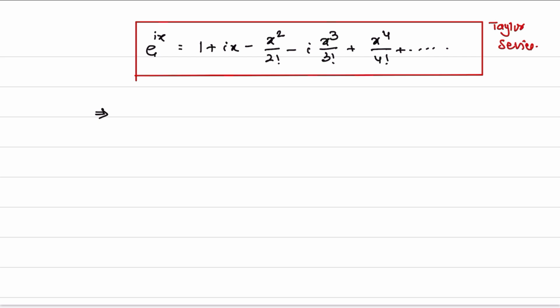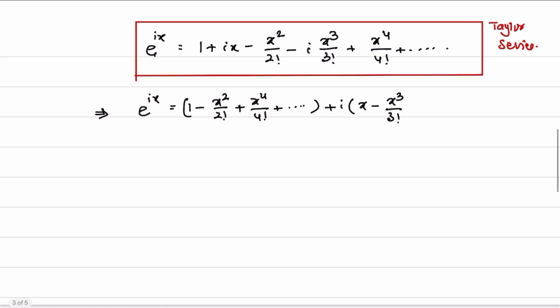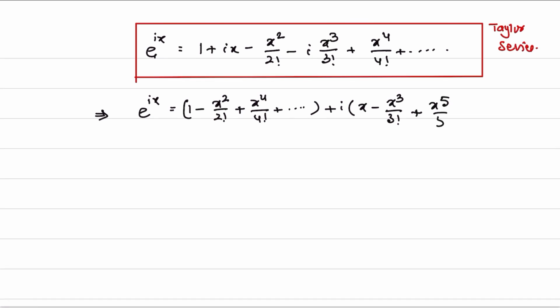When we separate the real and imaginary parts in the above Taylor's expansion, e to the power of ix is equal to 1 minus x square by factorial 2 plus x to the power of 4 by factorial 4 and so on, plus i into x minus x cube by factorial 3 plus x to the power of 5 by factorial 5 and so on.